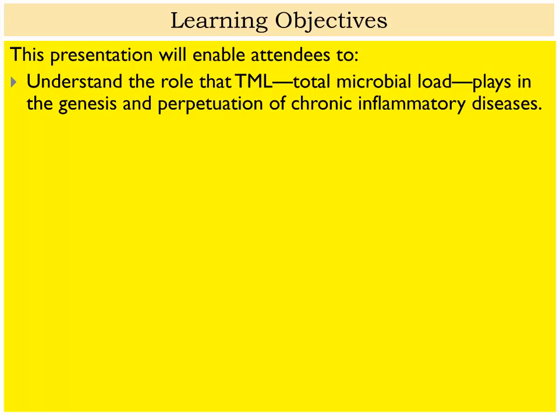Because if I accept the model that lupus is a chronic inflammatory disease, what am I going to do about it? I've already started from the presupposition that this is chronic, right? If I change the language just a little bit and say this is a sustained inflammatory disease, I'm still talking about something that exists on a long-term basis, but it changes the way that I approach it, right?